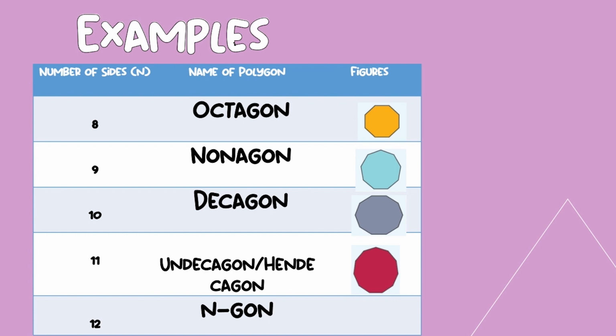When we see a polygon with 11 sides, you can now identify what kind of polygon that is, correct? If the polygon has more than 12 sides, it's called an n-gon.